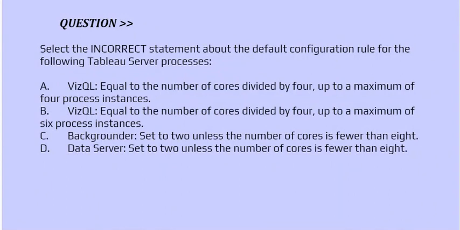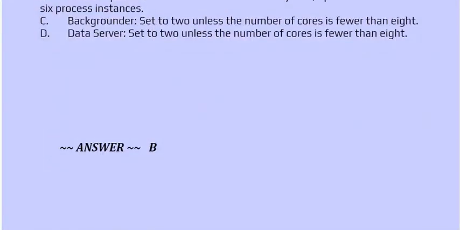Option B. VizQL equal to the number of cores divided by 4, up to a maximum of 6 process instances. Option C. Backgrounder set to 2 unless the number of cores is fewer than 8. Option D. Data Server set to 2 unless the number of cores is fewer than 8. Correct answer is option B.